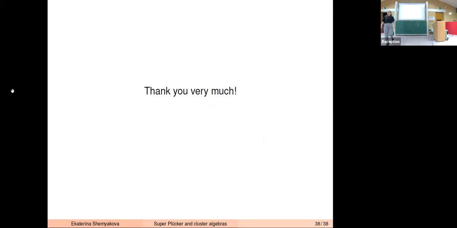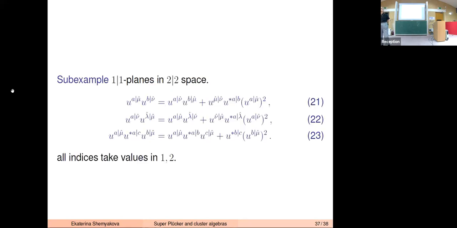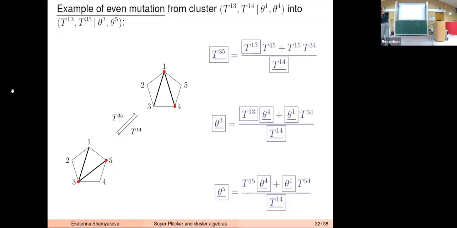Yes, Misha. This is a silly question, but is it easy to see immediately that each of the clusters determines a point in your Grassmannian? If I know T1 3 and T1 4, that should tell me exactly what the quantum Grassmannian is.